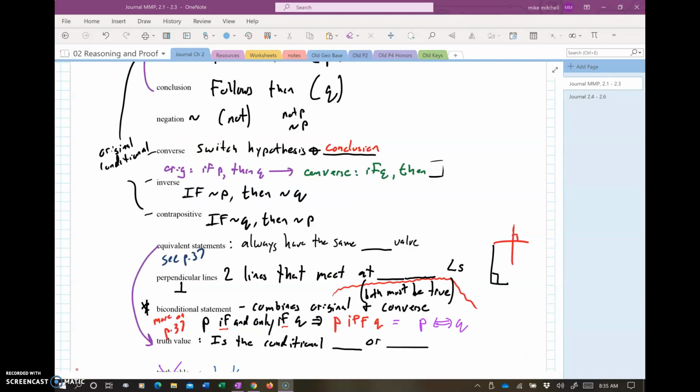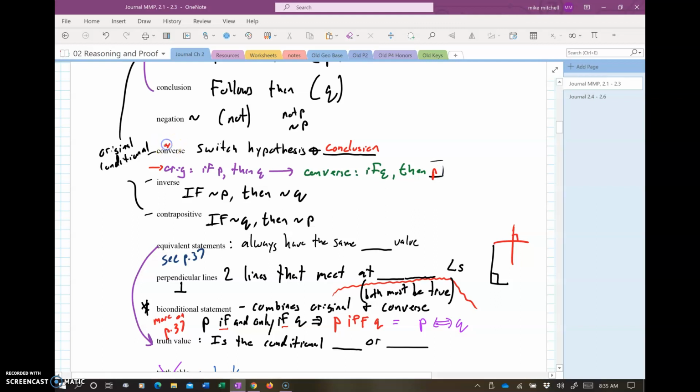So again, for the converse, switch hypothesis and conclusion. If the original statement in purple here is if P, then Q, our converse is in the green, if Q, then P. Notice the hypothesis and conclusion, the P and the Q switched.